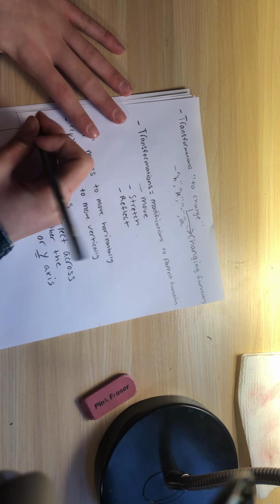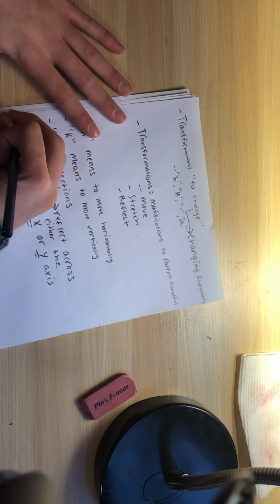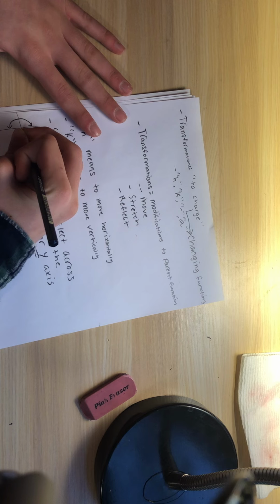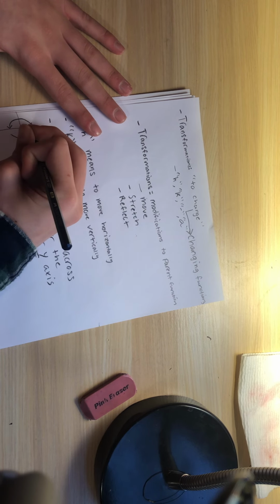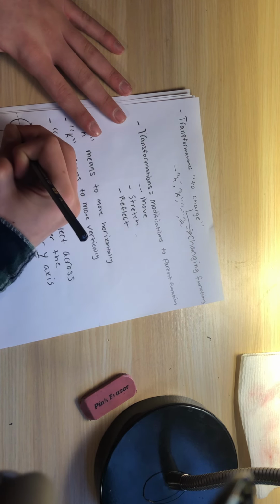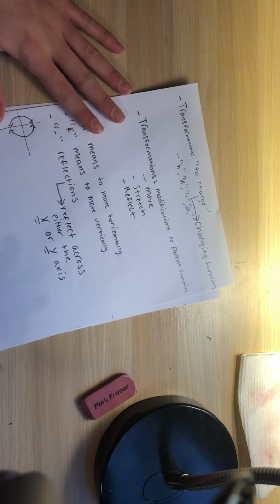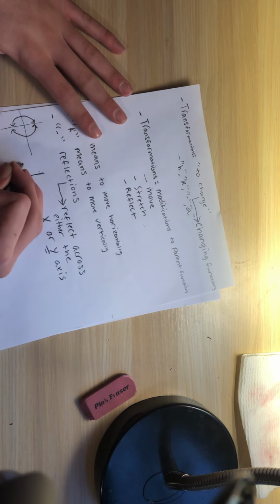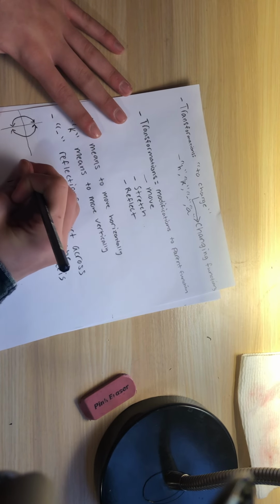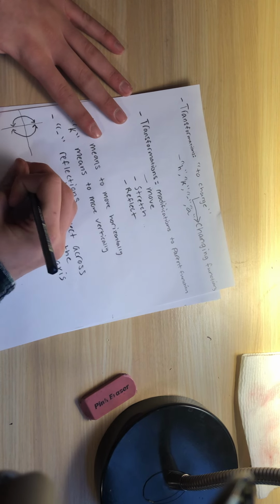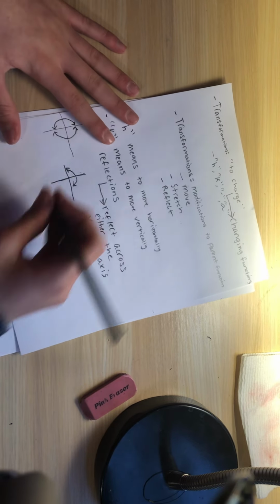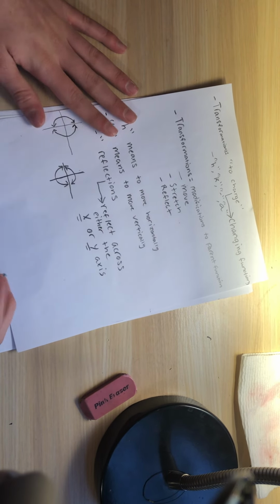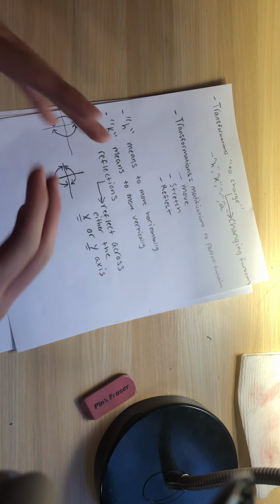So let's say you had points that looked like this. If you reflected that across the y-axis, you would get this. So that would be a reflection across the y-axis. Now, a reflection across the x-axis would look more like this. So if you had these points, a reflection across the x-axis would look like this. If that helps you guys make more sense out of it.